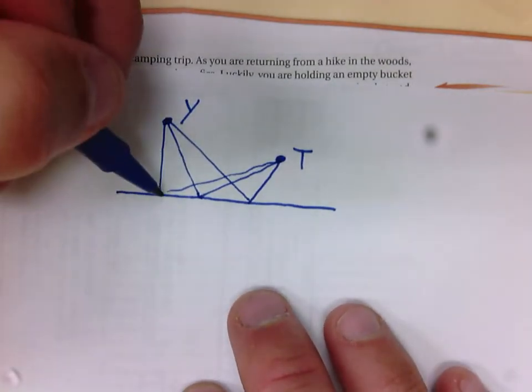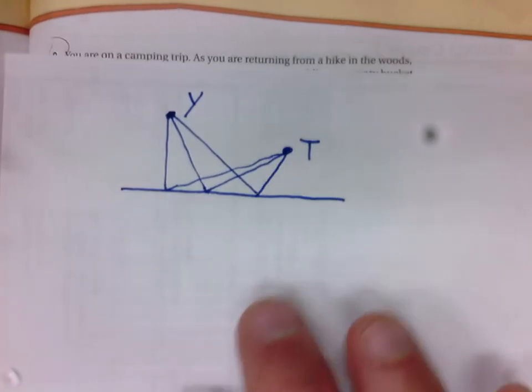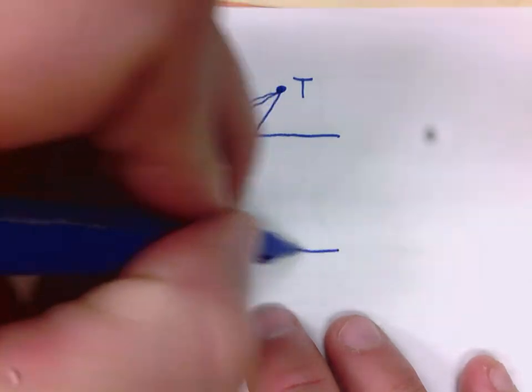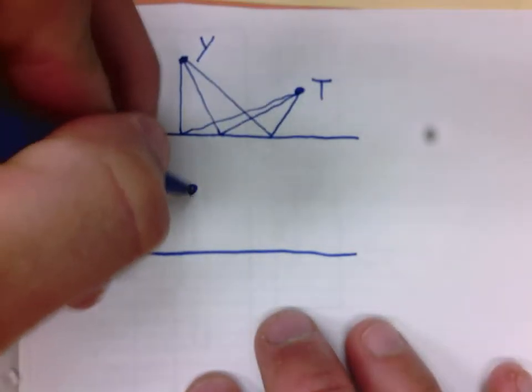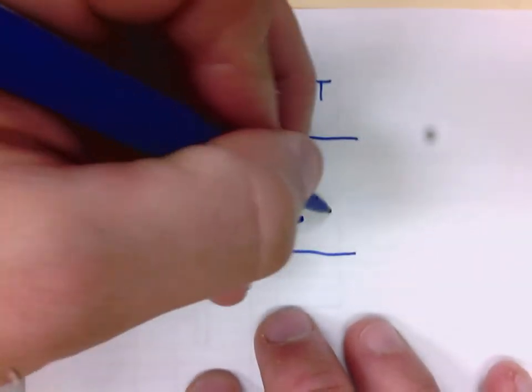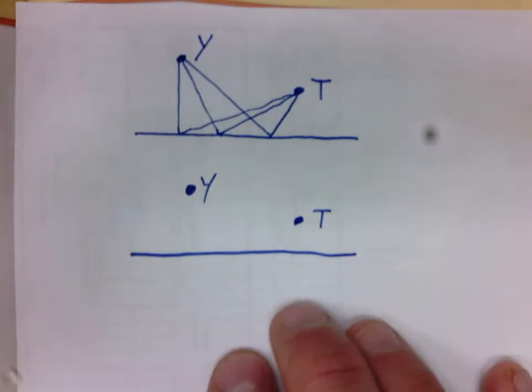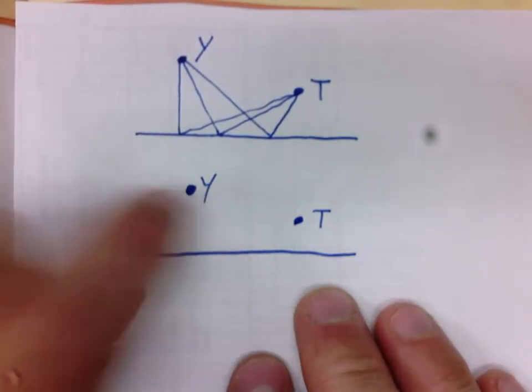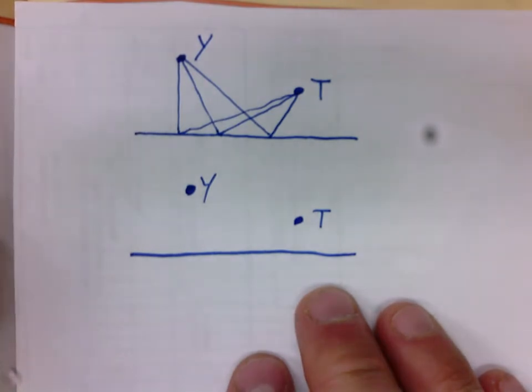It turns out there's a really cool solution to this problem, and that is that, I'm going to redraw this again. Again, if we have, let's say, y up here and t down here, let's ignore the line here. What's the shortest distance between any 2 points always? A straight line, right?